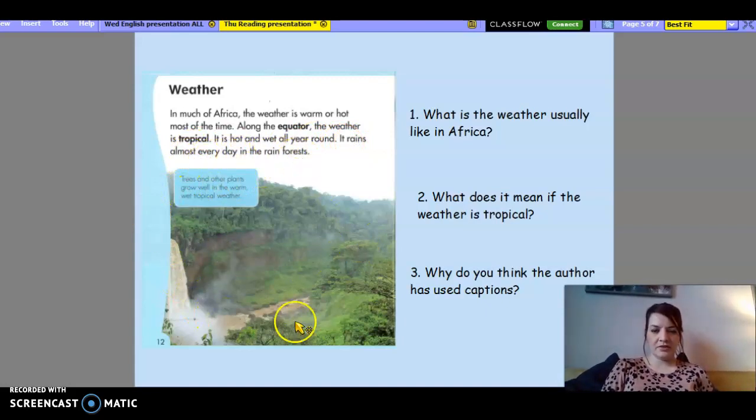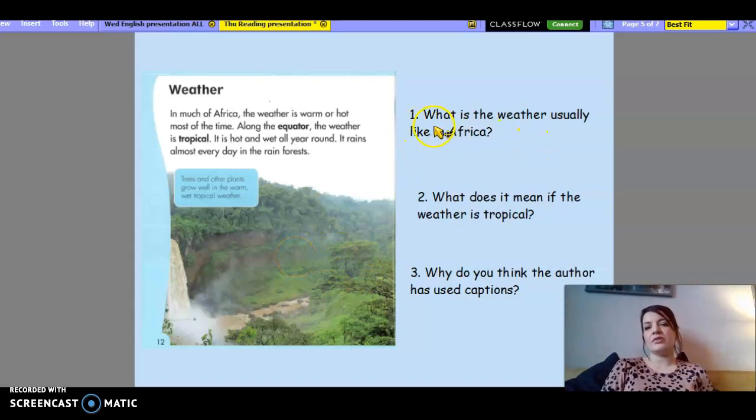And then we've got a nice picture here. And then we've got this caption to explain what the picture is about. So let's have a look. Trees and other plants grow well in the warm, wet, tropical weather. Oh yeah, you can see, can't you, that it looks quite wet. We know it's warm in Africa. That's what the picture's showing us.